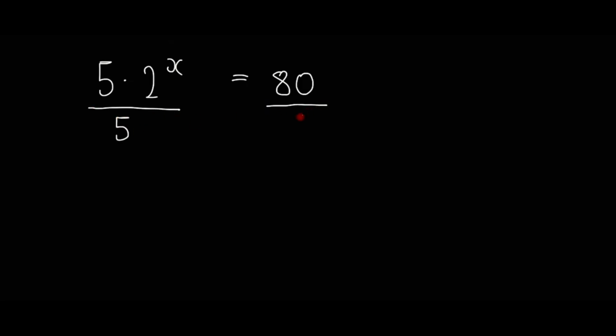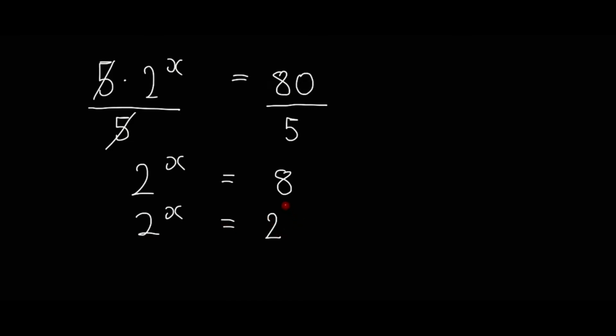So we divide by the coefficient, so 5 and 5 cancel, and then we have 2 to the exponent x is equals to 80 divided by 5, and then 80 divided by 5 gives 8, and then from there we change this into its prime base, because we want it to be the same as the base that holds the exponent. So we have 2 to the exponent x is equals to 2 to the power 3, and then now because the bases are the same, we equate the exponents, therefore x is equals to 3. So this is our answer.